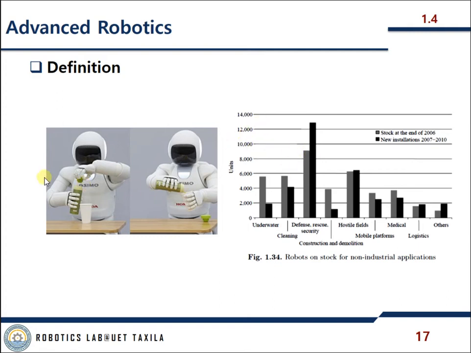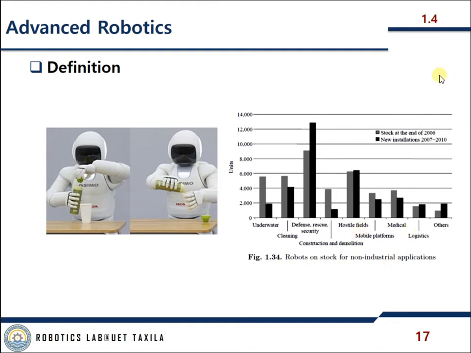So here is the Asimo robot. It is picking up a bottle which holds liquid, and it does not know where it is placed. It focuses, reaches to that bottle, opens it up, and then picks up a glass and pours the juice into it. So this is really a delicate job. So this is in the domain of advanced robotics.